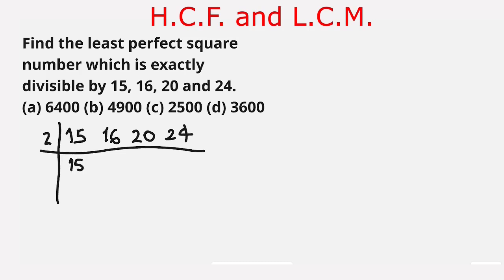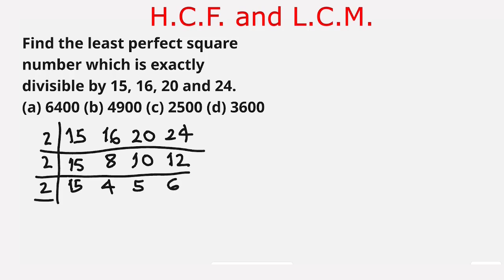We write 15 as it is, as it's not divisible by 2. 2 divides 16 for 8 times, 20 for 10 times, 24 for 12 times. We further divide it by 2. We write 15 as it is. 2 divides 8 for 4 times, 10 for 5 times and 12 for 6 times.